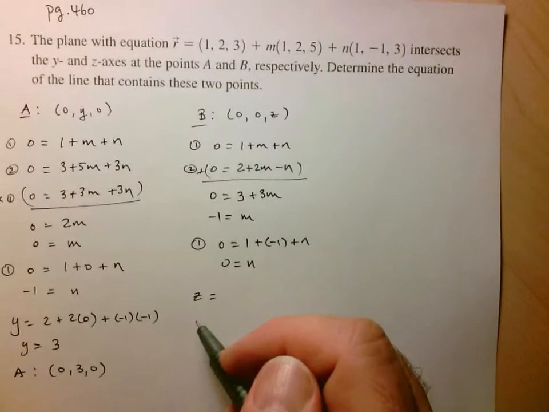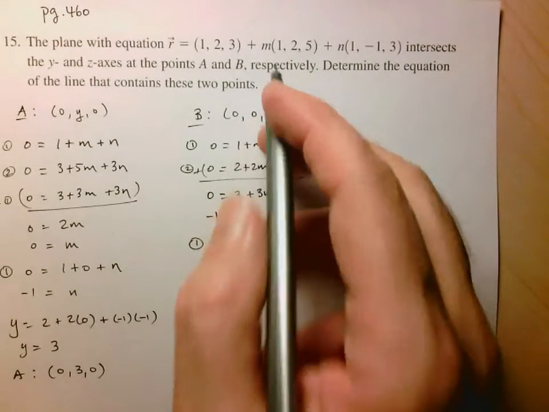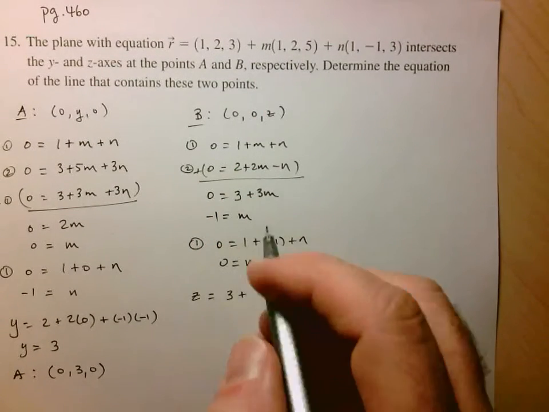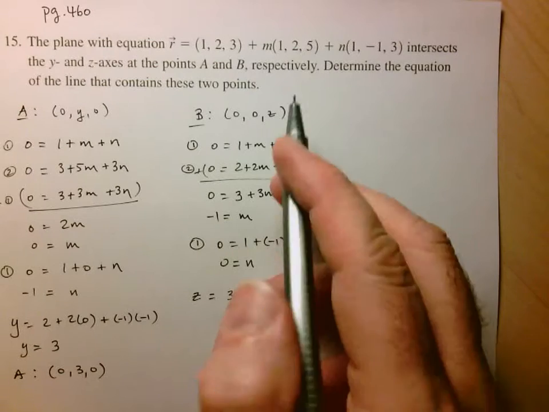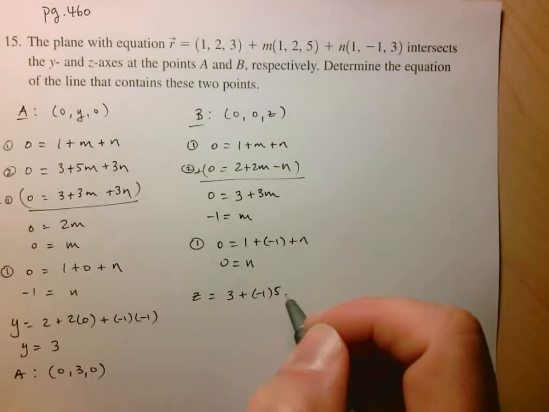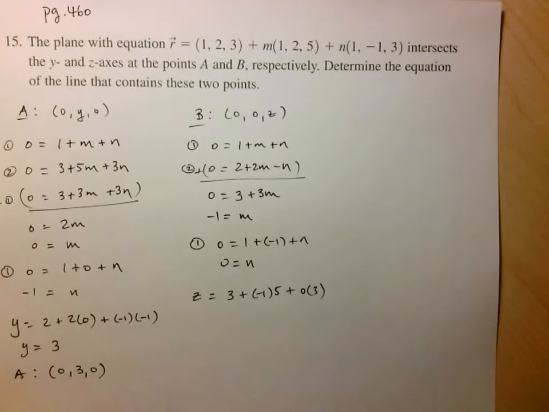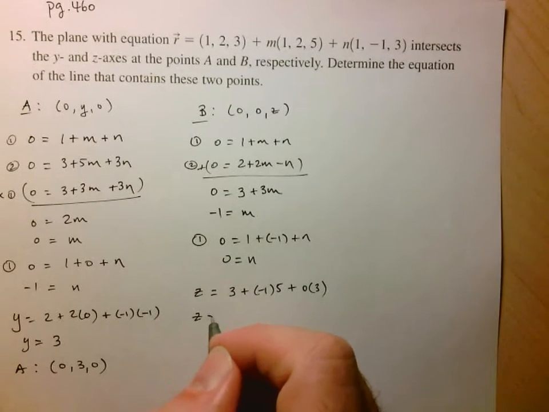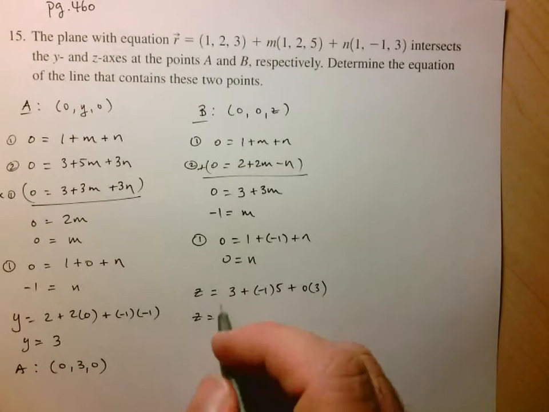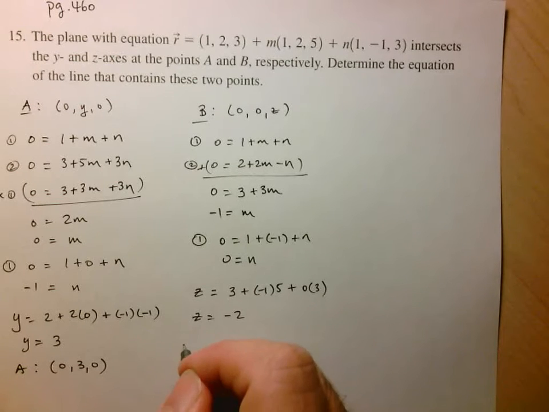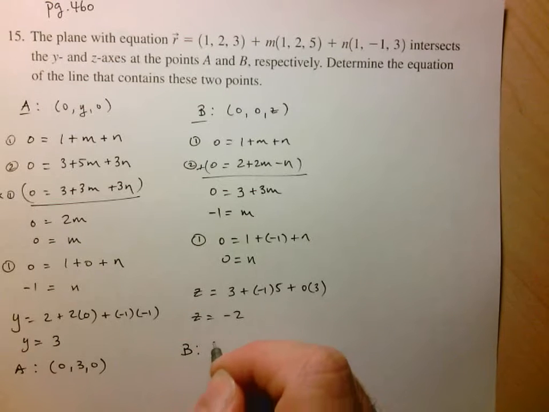That gives me 3 plus m, which is negative 1, times 5, plus n, which is 0, times 3. That just disappears anyways. So the z value here is 3 minus 5, which is negative 2. So our second point is 0, 0, negative 2.